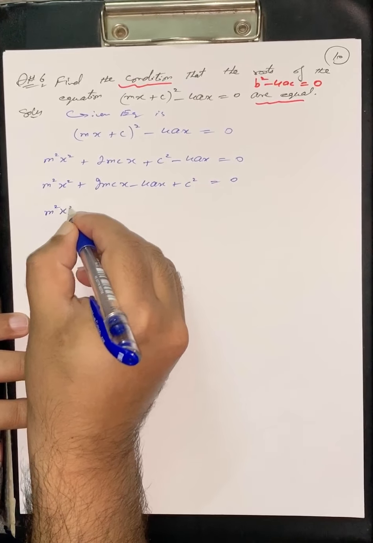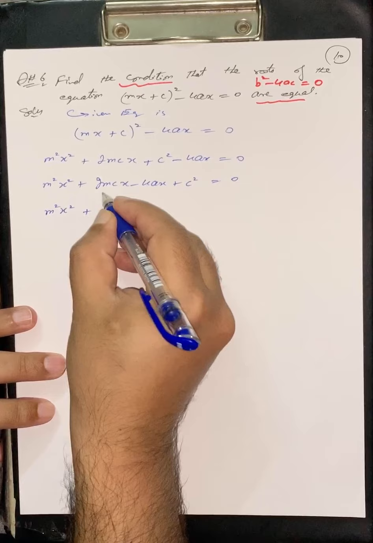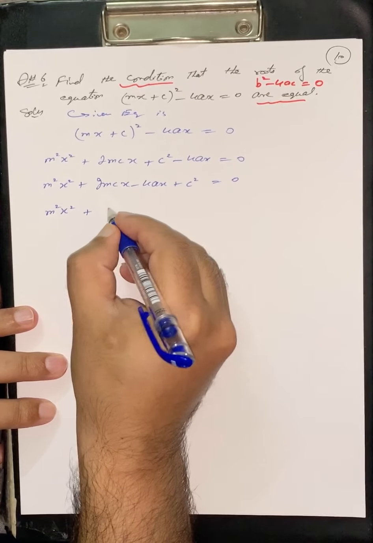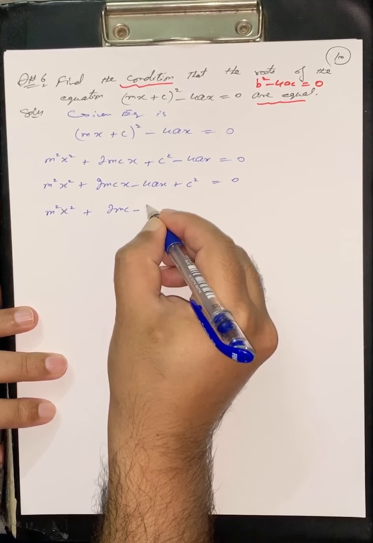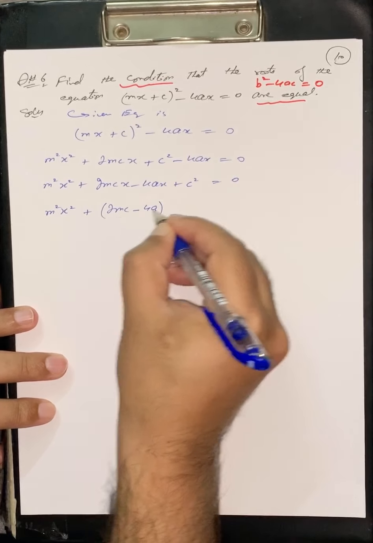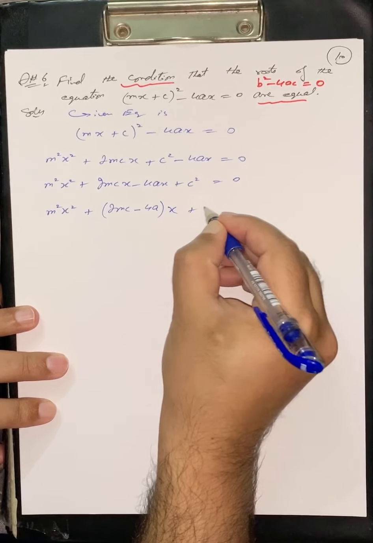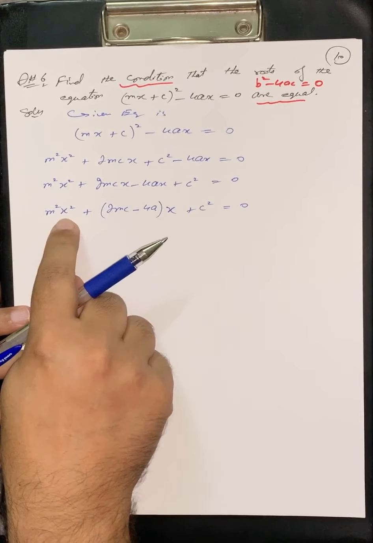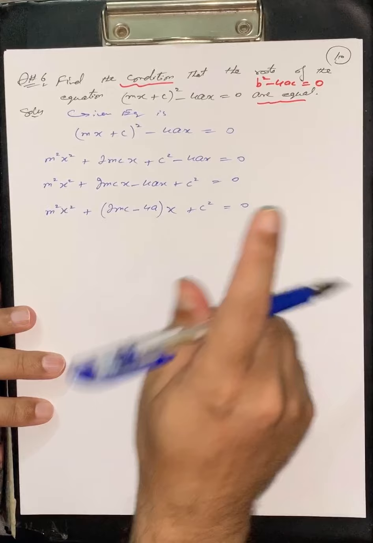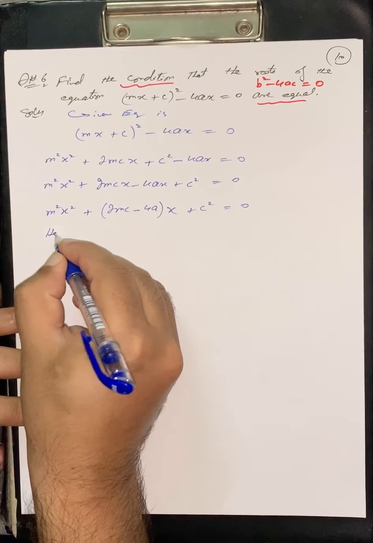M square x square we already have, plus, taking x common, (2mc minus 4a)x, plus c square equals 0. Now this is my standard form of the quadratic equation, ax square plus bx plus constant equals 0.